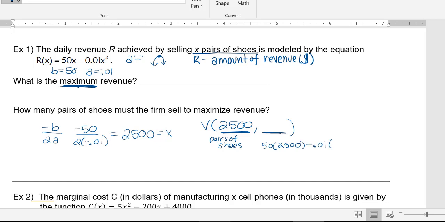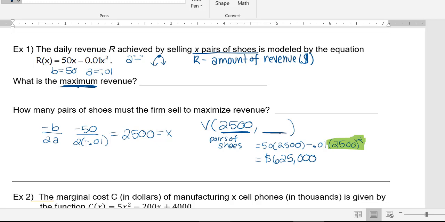And of course, use my handy-dandy calculator to simplify this. Remember, with PEMDAS, we want to simplify the exponents first, and then we'll deal with the multiplication. So do 2,500 to the second power, and then multiply by negative 0.01. When you do that, you should get 625,000.